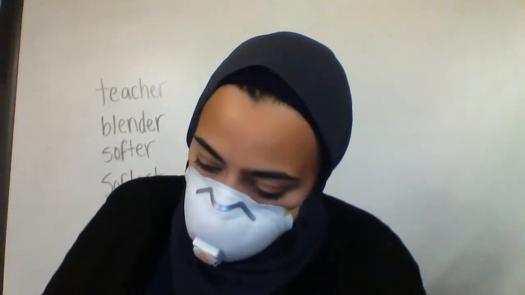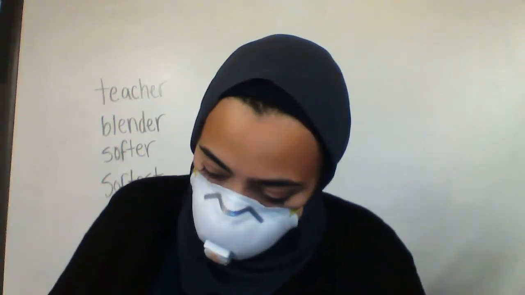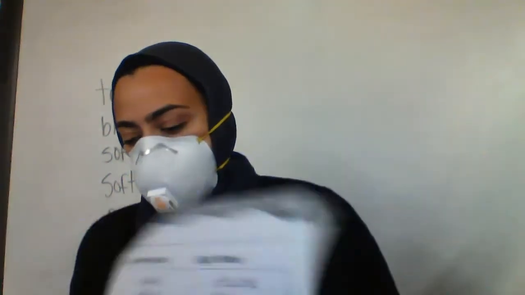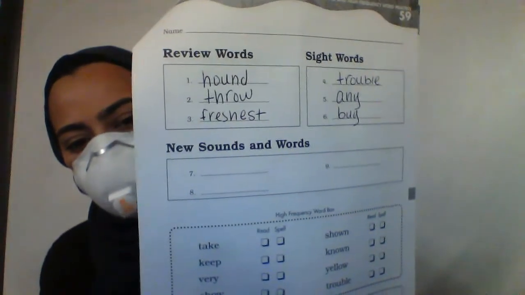Okay, 4 was trouble. 5, any. I do not have any more. Any. A-N-Y. Any. Number 6, buy. I had to buy a new one. B-U-Y. Buy. Okay, your paper should look like this.